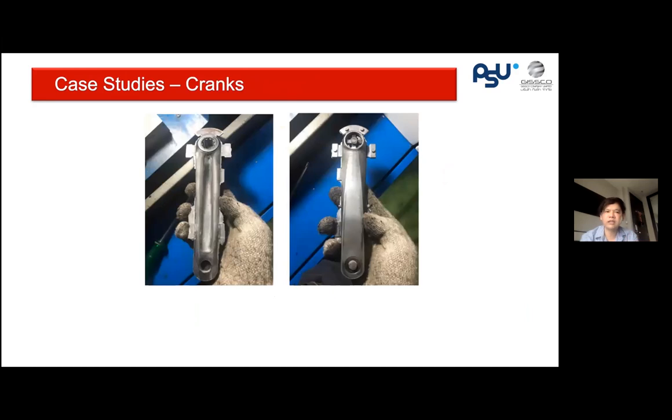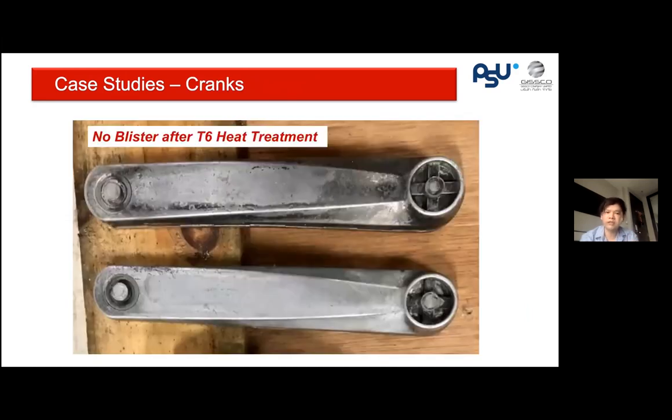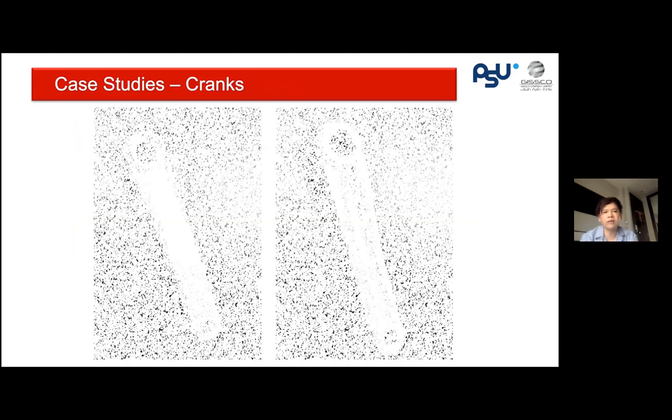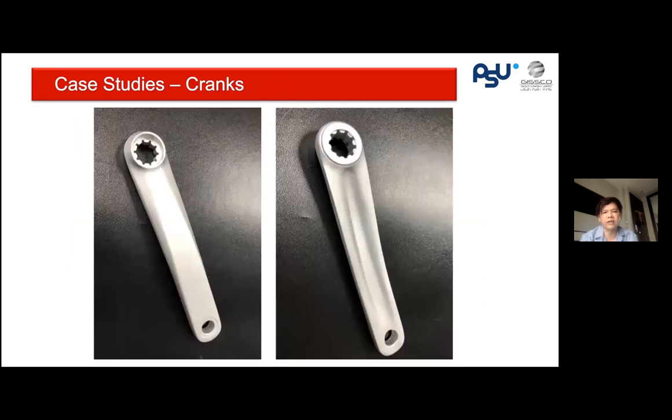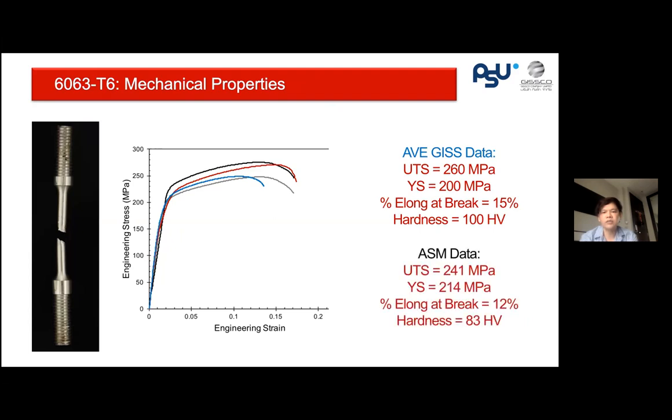We also tried these cranks with all the alloys, ADC 12 or even 8356, and then anodized. And for 6063 T6, our data shows 260 megapascal, 15% elongation, which is similar to the ASM standard data.